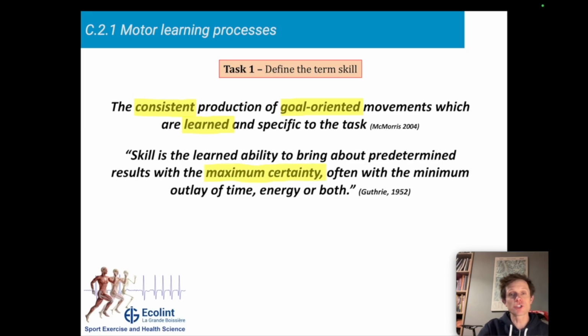The second definition also highlights this idea of maximum certainty. So because we're able to do it consistently, then we can also bring this idea of certainty of the outcome. And at the same time, we can minimize the outlay of time or effort. We can tell that a proficient performer is going to be able to execute that skill in an energy efficient manner, i.e. they're going to expend the least possible energy and at the same time complete the skill as quickly as possible.